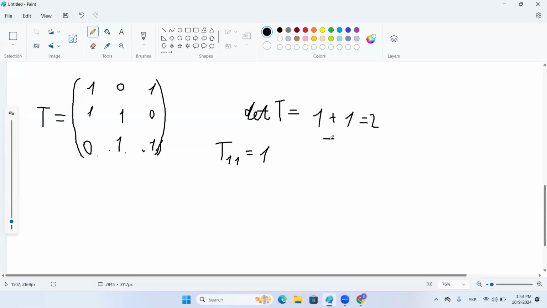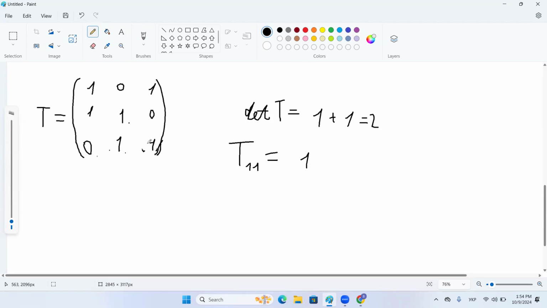One. By the way, let's write it this way. Let's write down all cofactors, and then we will write the matrix.